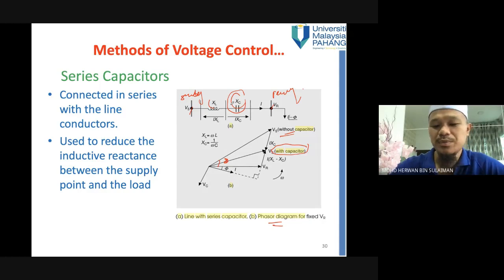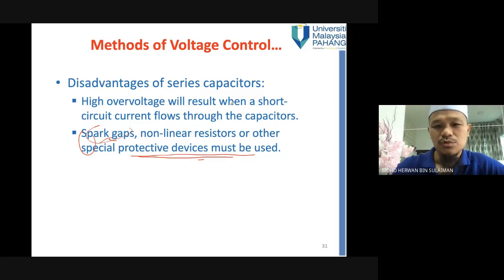So when a short circuit fault happens, a high overvoltage will result. Okay, normally we have spark gaps, and then non-linear resistors or other special protective devices must be used. Okay, this is the disadvantage of the series capacitor. So meaning that you need extra cost in order to make sure that your system is stabilized.